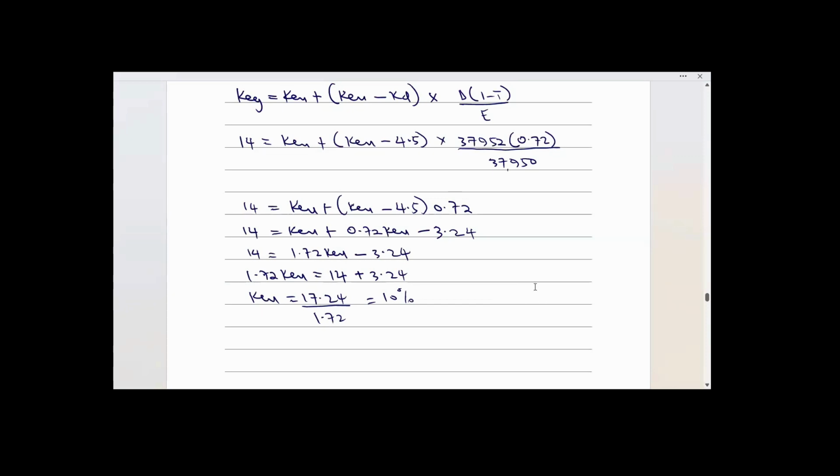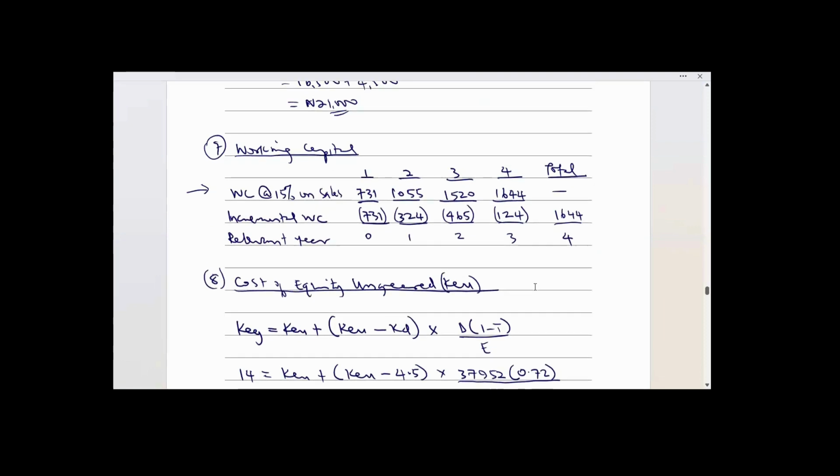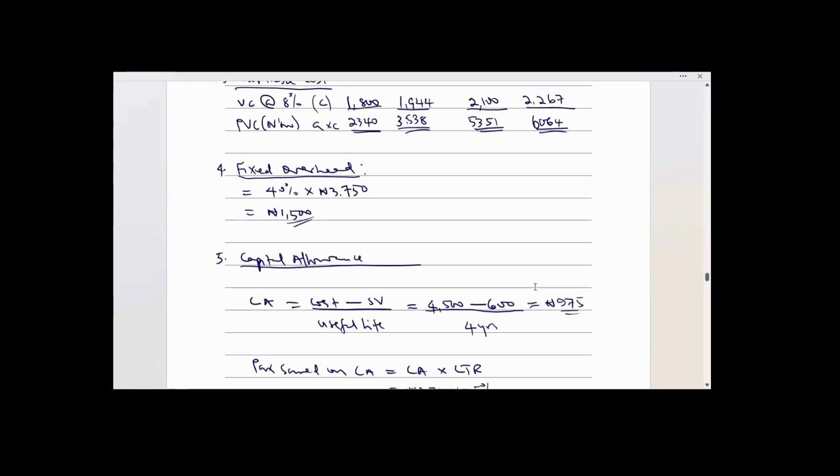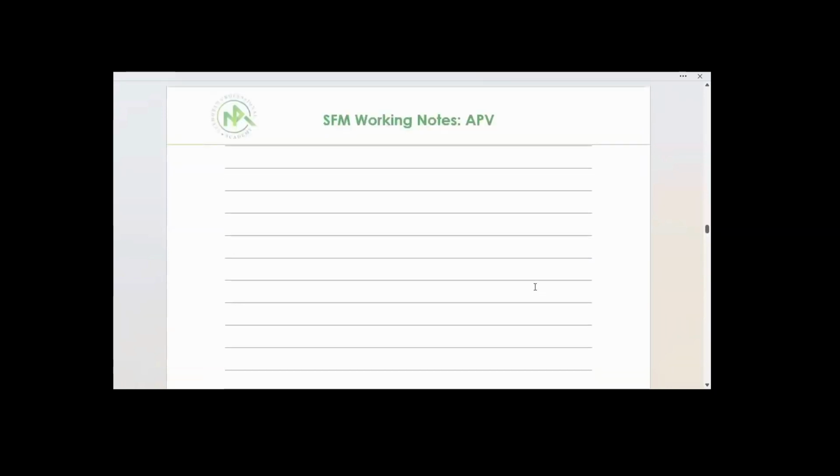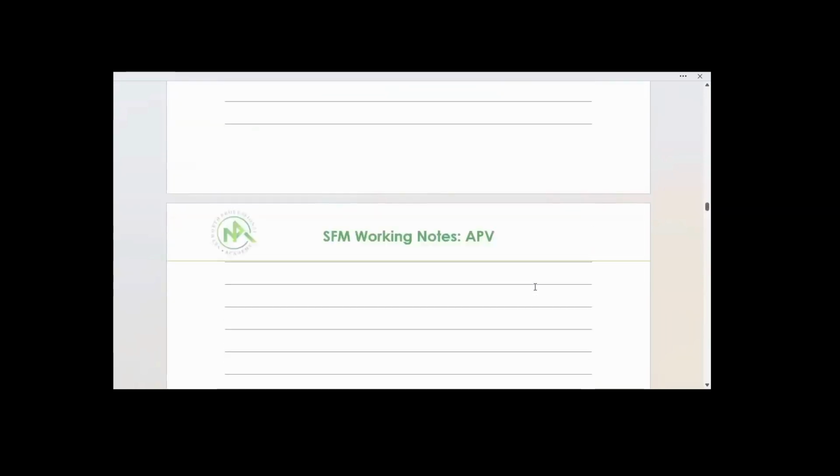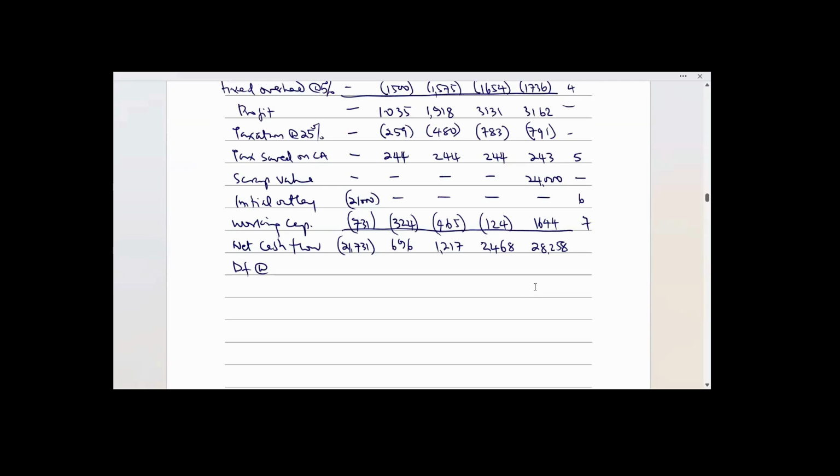So if that is the case, I will then go and discount my cash flow since I have a cost of equity on gear of 10%. For year one, year zero is 1.